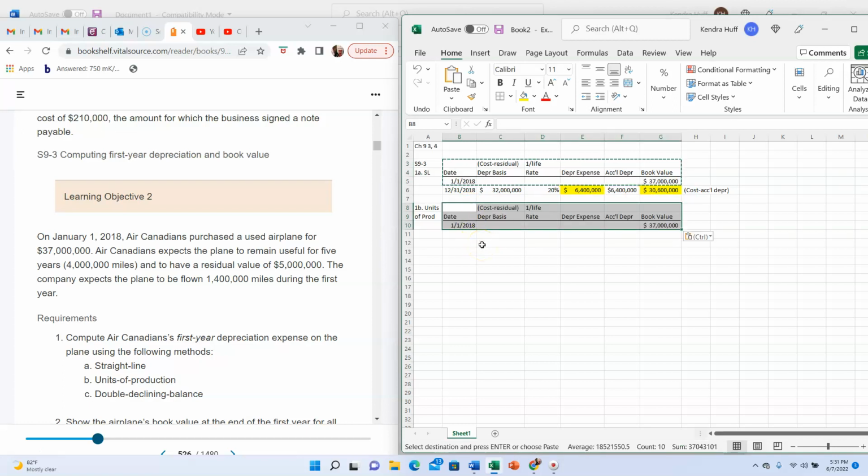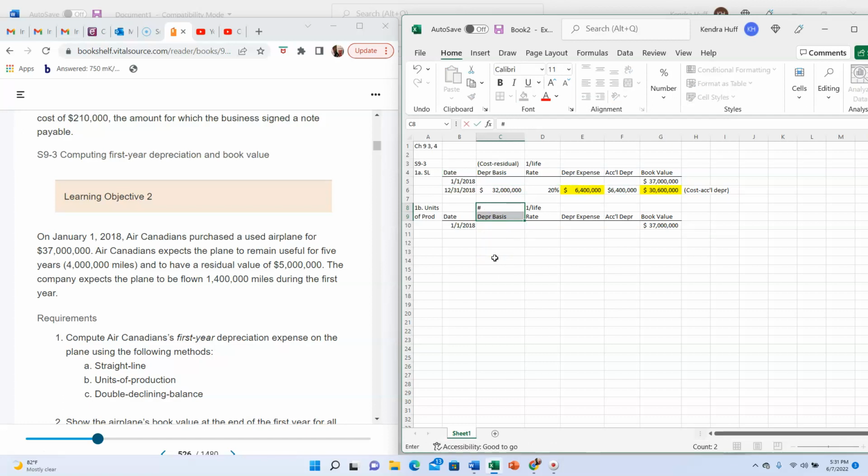Really what you're doing here is, it's not depreciable basis. It's the number of units produced, and in this particular case, it's miles.